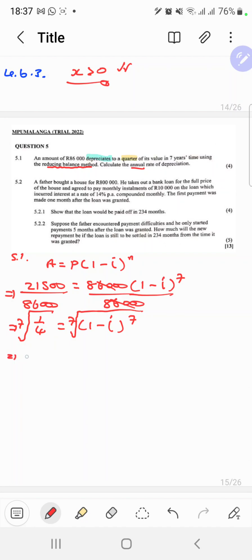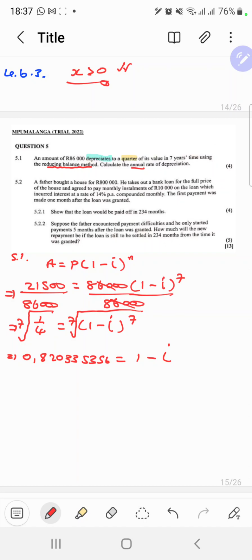So I'm getting here 0.82033535 6 equals, and then of course this is going to be 1 minus i.